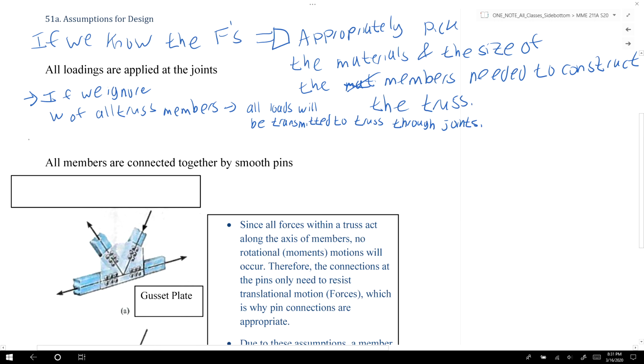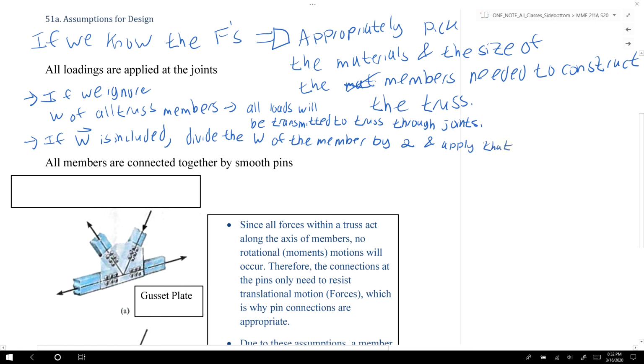The second case is if we want to include the weight of the truss. If weight is included, we will divide the weight of the member by 2 and apply that weight at each joint.